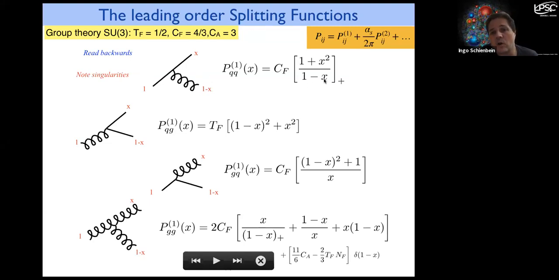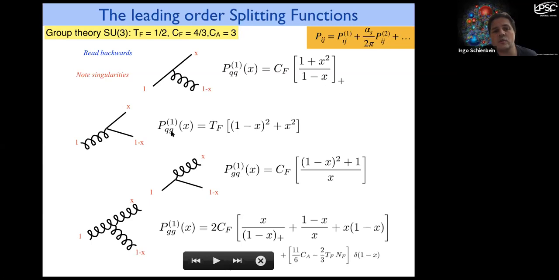This is, of course, a problem. When x approaches 1, you get a divergence. But if you include the virtual contributions, you can also have a virtual diagram here, which means that x goes from 1 to 1, and combined with this diagram, you get a plus distribution as the end result. I will define the plus distribution on one of the following slides.